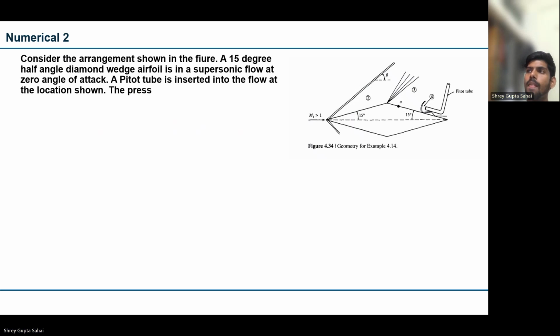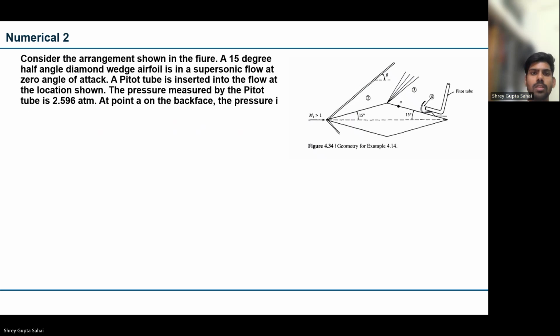Pressure measured by the pitot tube is 25.96 atmosphere at point A. On the back face, the pressure is 0.1 atmosphere.